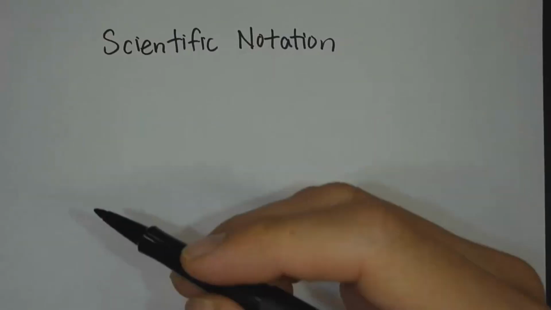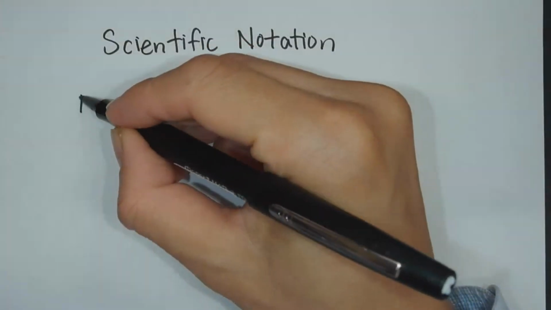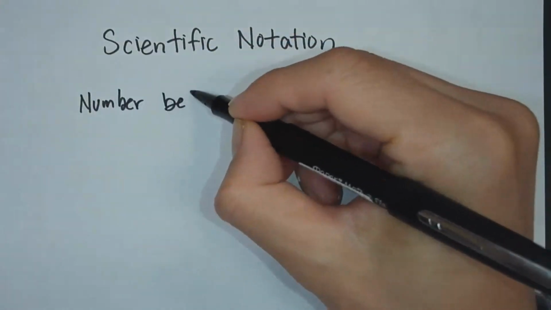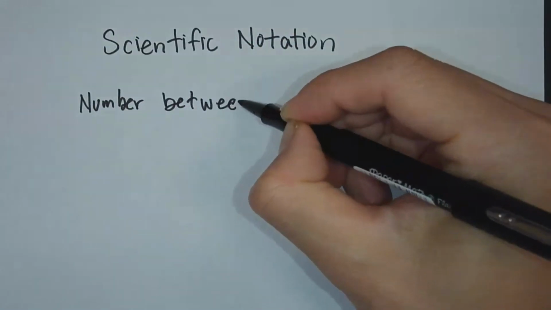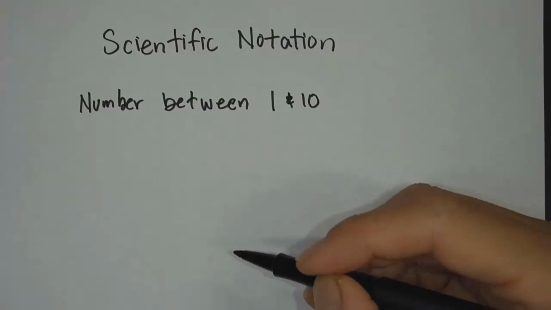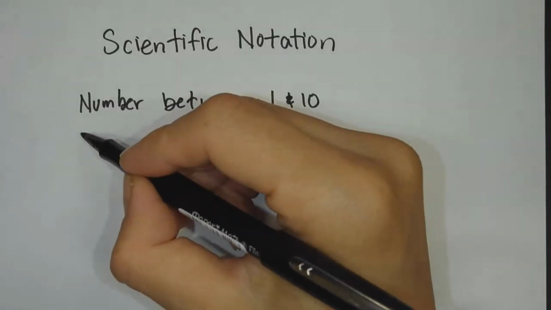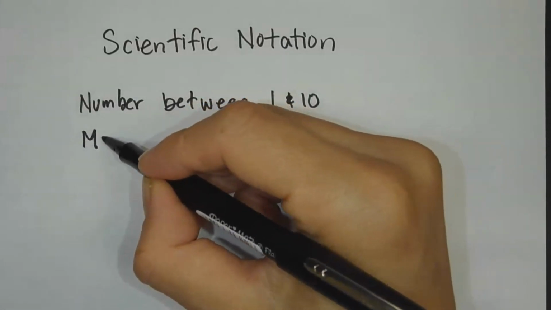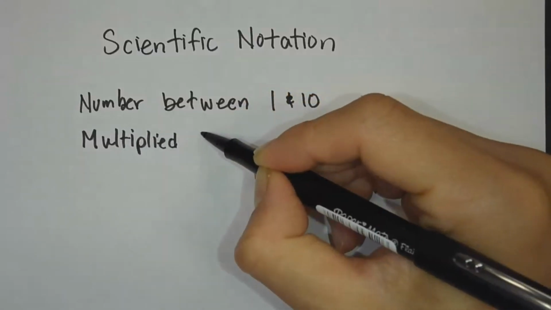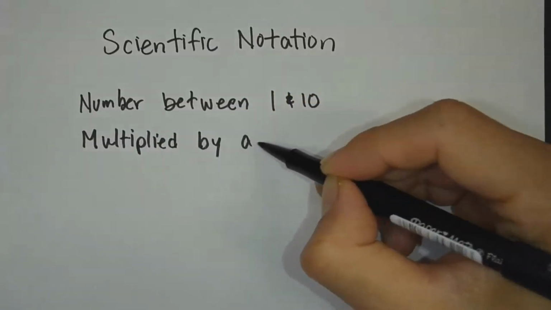To write a number in scientific notation, first the number needs to be between 1 and 10. And the second thing about writing something in scientific notation is that it needs to be multiplied by a power of 10.